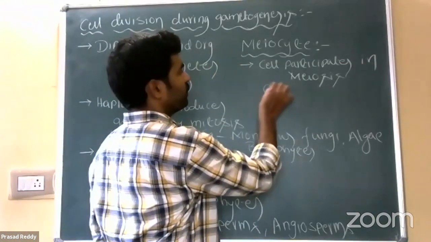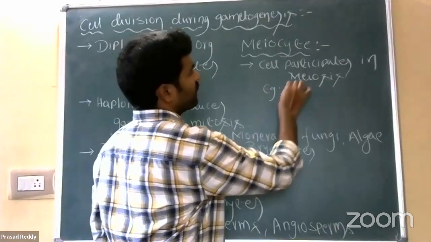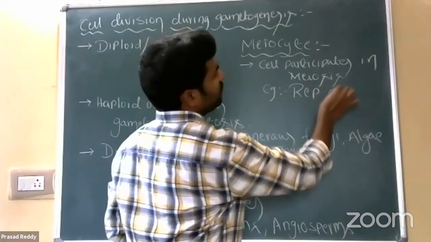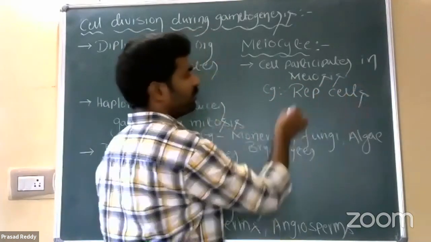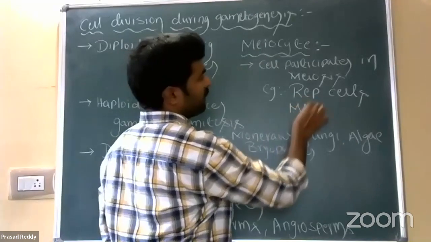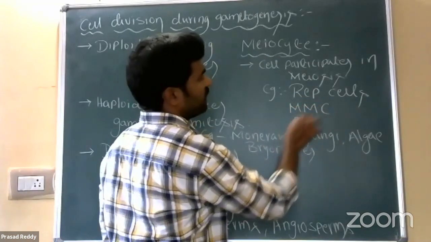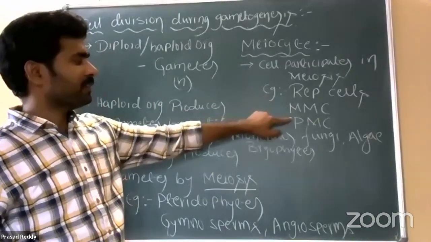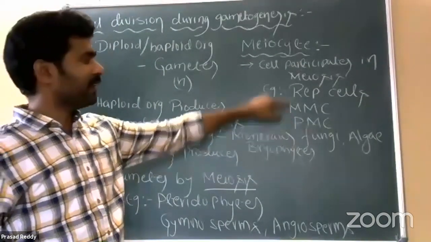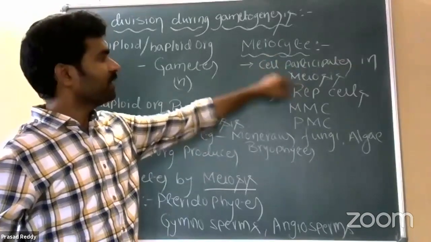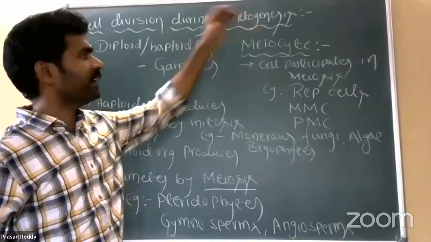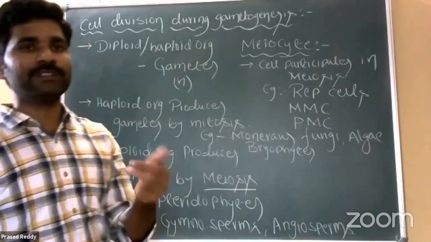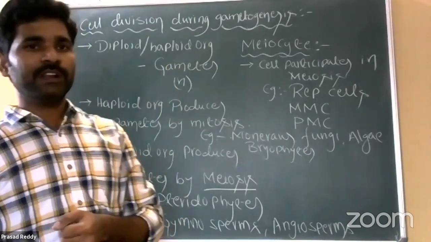The best example for this is reproductive cells. Example, MMC, megaspore mother cells, and PMC, pollen mother cells. These reproductive cells are considered meiocytes. Why? Because they participate in meiosis division.